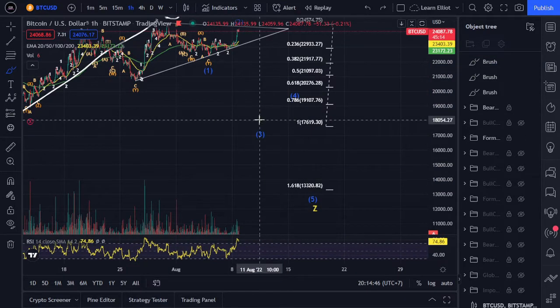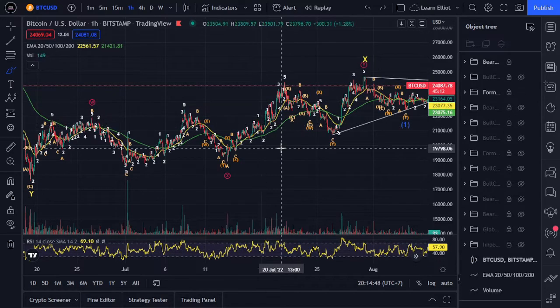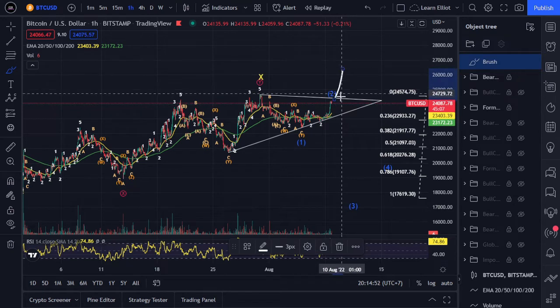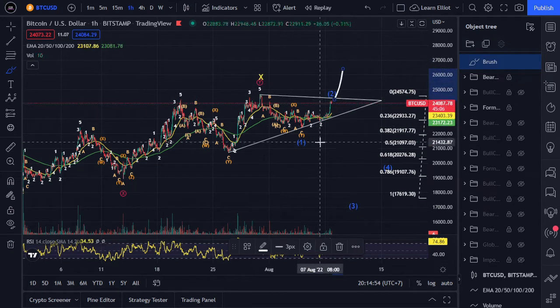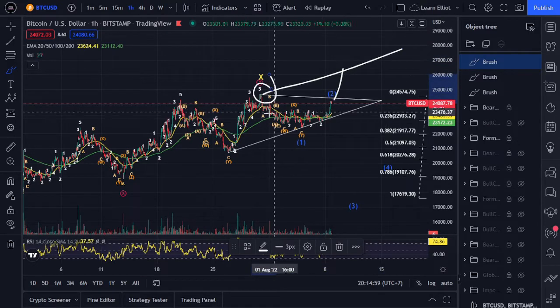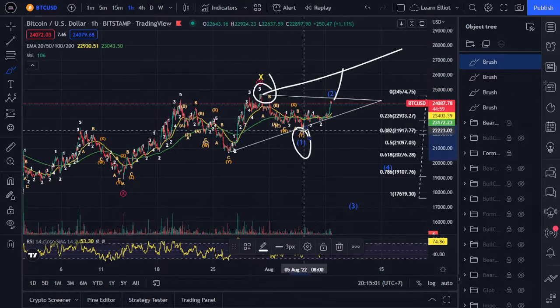But this bear case scenario cannot be in play if the price actually moves above this resistance, because it's breaking the starting point from this first wave here.